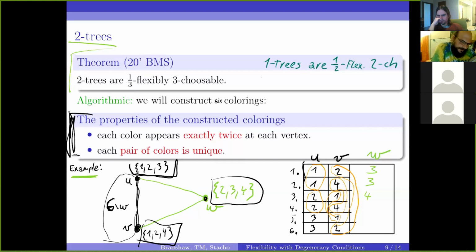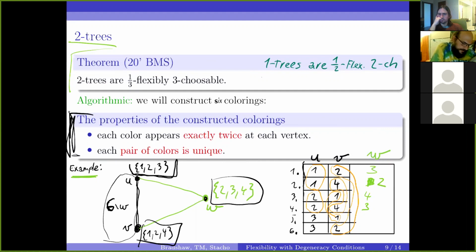And then we have colors 2 and 4. And the only possibility would be to use color 3, but it was already used twice. So we need to use color 3 actually here. And we can use color 2 here instead, because we need to keep those properties.